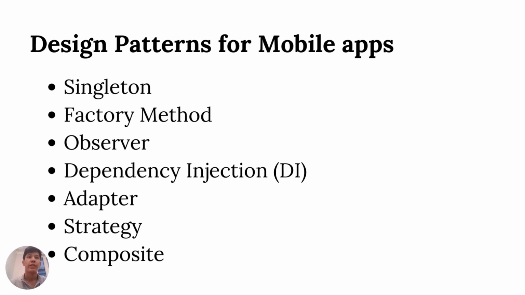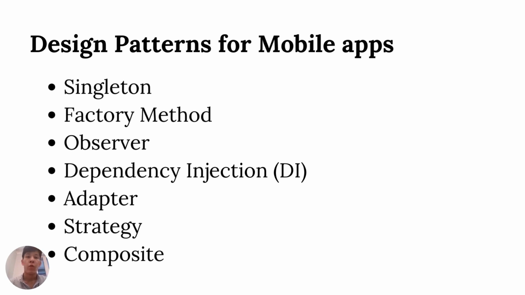For example, singleton is responsible for creating one and the only instance of some object. For example, it might be useful when we are dealing with a database. But don't worry, in this video you will also learn about the singleton pattern.